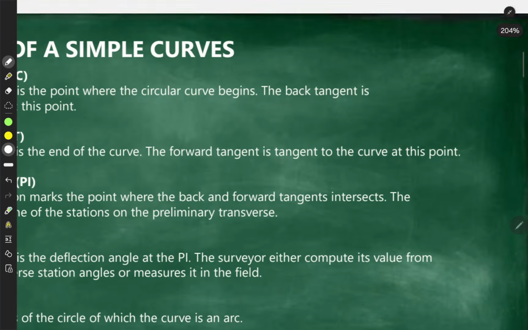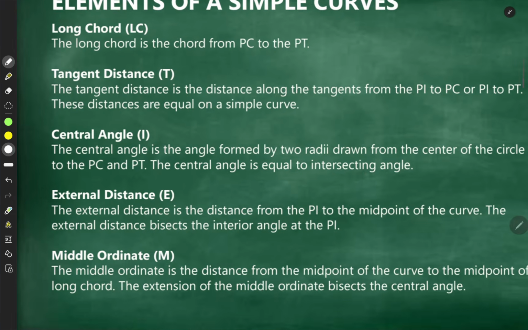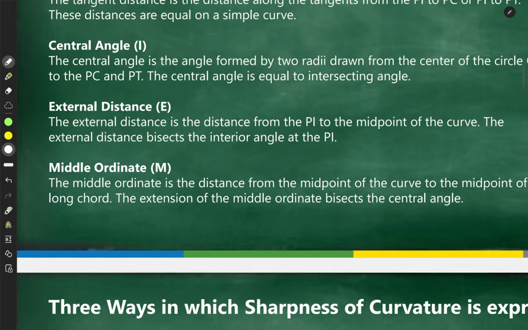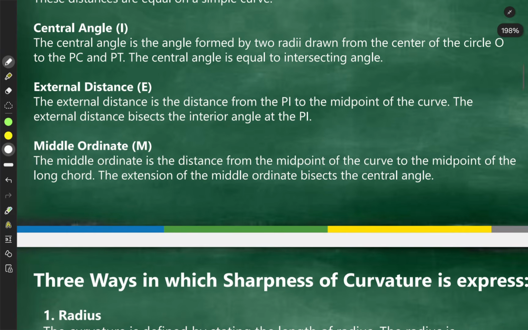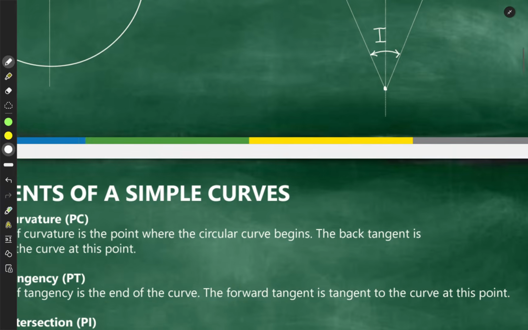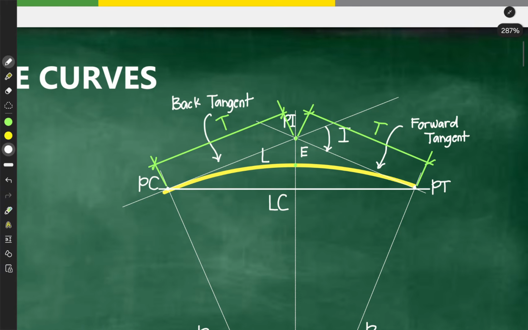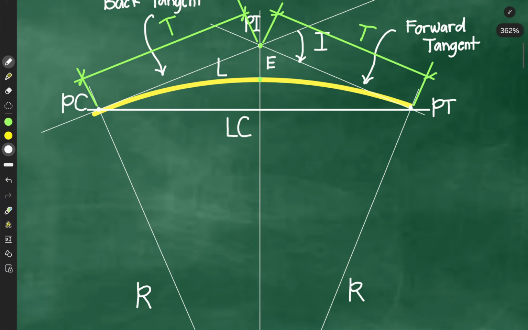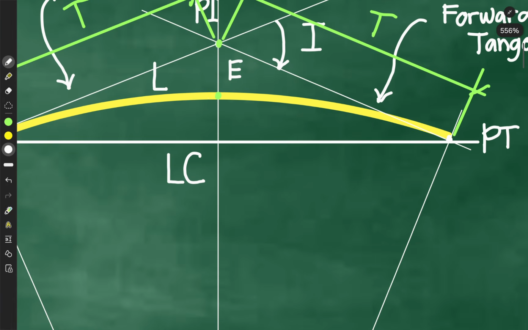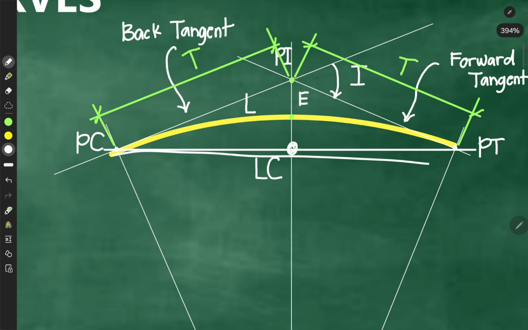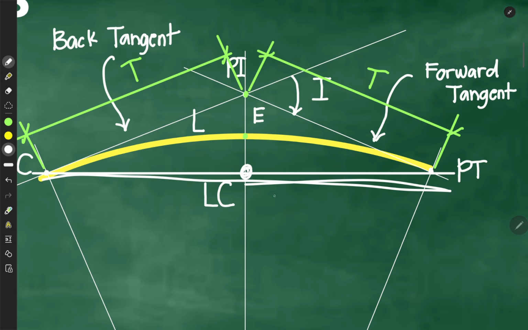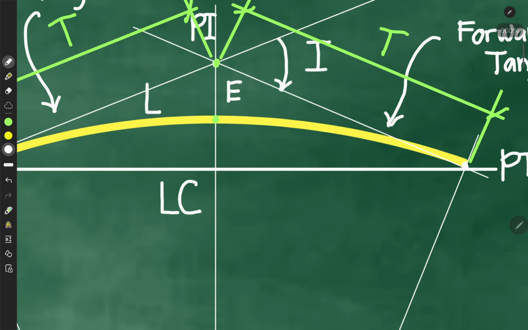And next, we also have this middle ordinate. The middle ordinate is the distance from the midpoint of the curve to the midpoint of the long chord. The extension of the middle ordinate bisects the central angle. So ito naman yun. From the midpoint of the curve to the midpoint of the long chord, if this is our long chord, this is what we call our middle ordinate.